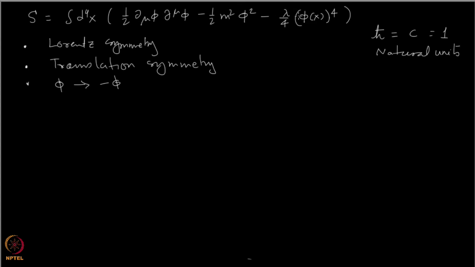We usually say mass dimension of lambda because everything in these units is measured in mass dimensions. So you can ask what's the mass dimension of lambda, and you should be able to show that lambda has mass dimension 0. That's something you can check.